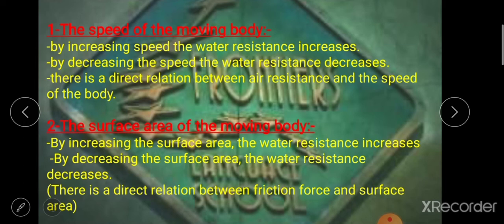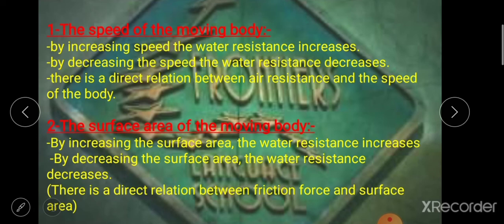I start with the speed. By increasing the speed, the water resistance increases. By decreasing the speed, the water resistance decreases. So there is a direct relationship between the speed and the water resistance. They are directly proportional.